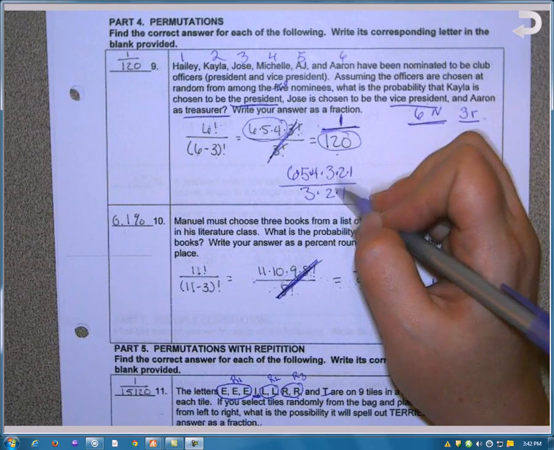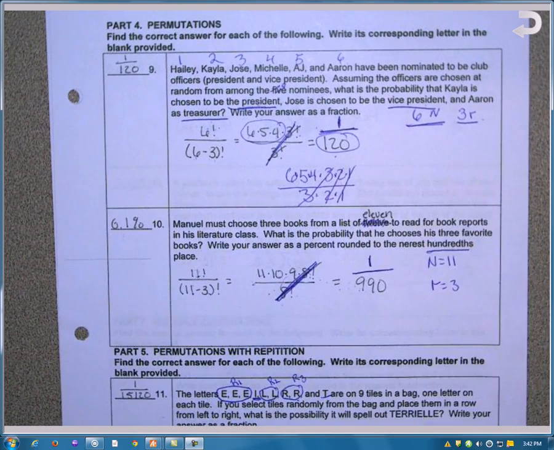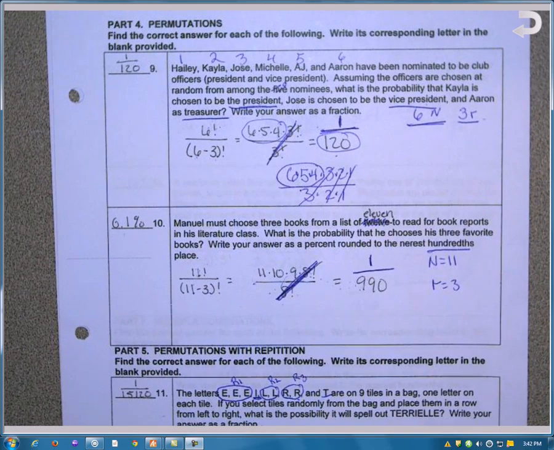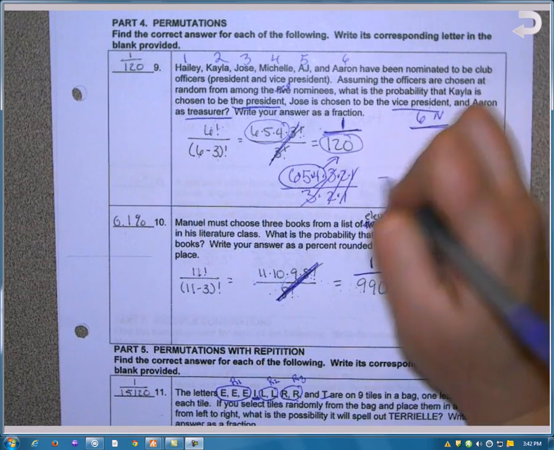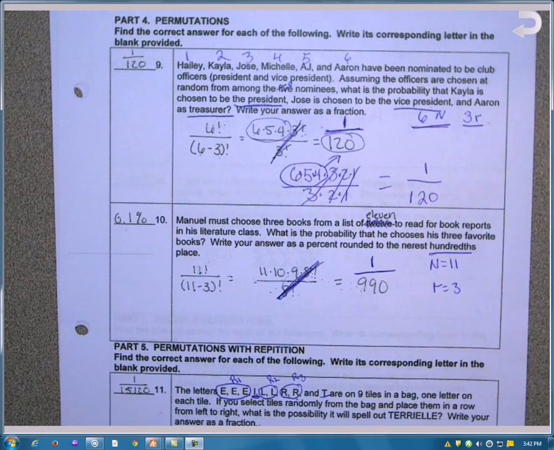You can easily cancel the 3's, the 2's, and the 1's. So all you're multiplying is 6 times 5 times 4. And that is 120. And you put the 120 on the bottom, so it's 1 over 120.